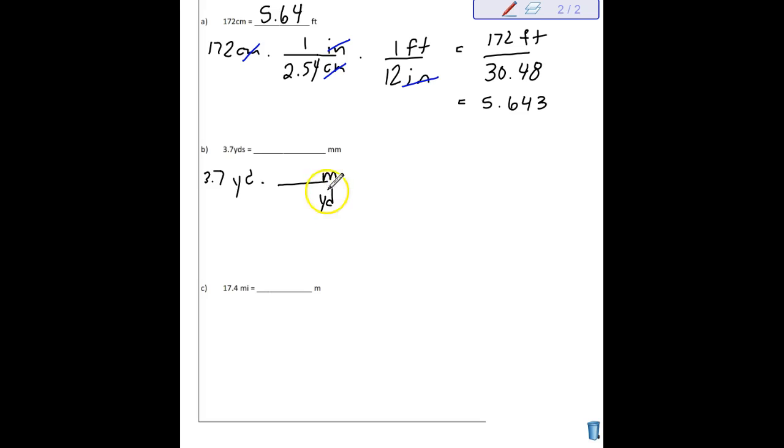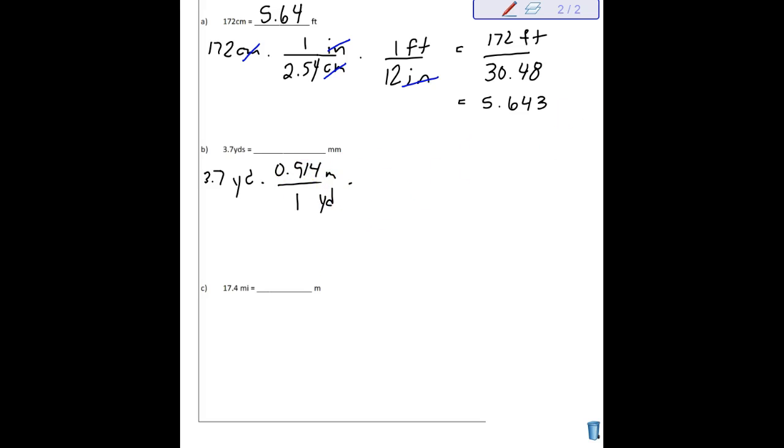For yards to meters, I show in my table that 1 yard is the same as 0.914 meters. Now, of course, there are two conversions you could use for this one. You could also use 1.094 yards is the same as 1 meter. Either way, I'm fine with that.